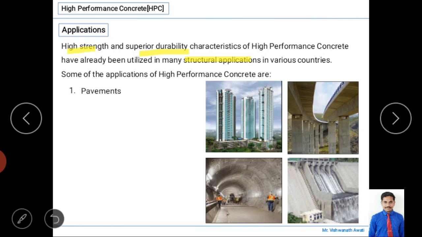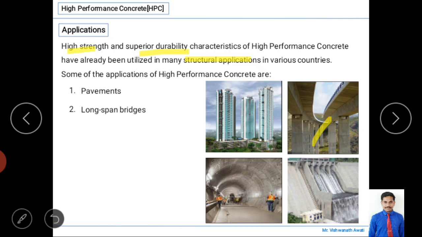High performance concrete is used for pavement construction, mainly road construction, because of the good strength. Next, long span bridges. You can see some of the metro bridges require very long support, and because of that requirement they use high performance concrete for long span bridges.